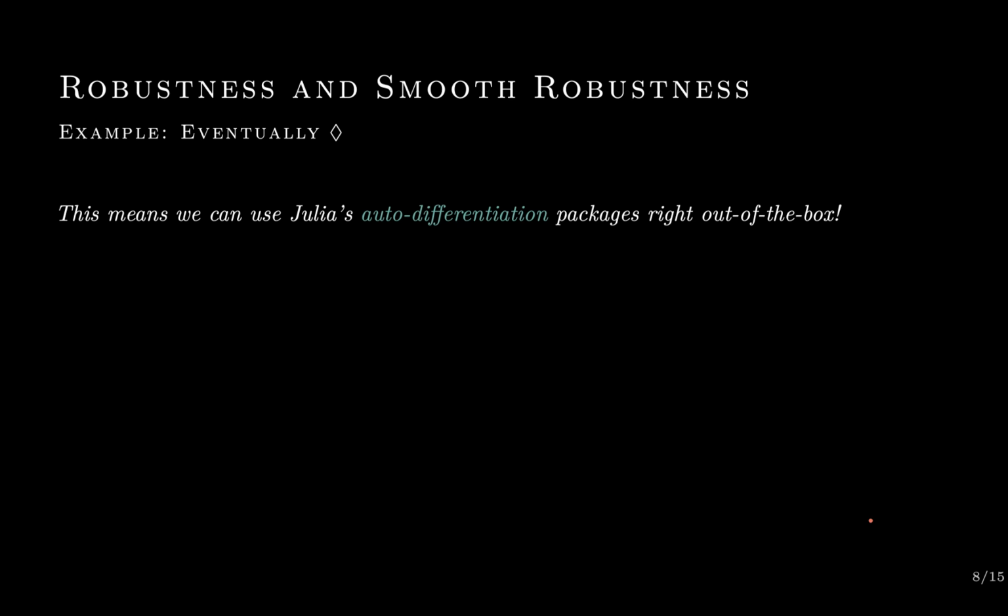So to give you an example, if you use some signal temporal logic, we also import, say, gradient from one of the differentiation packages in Julia. Here is ForwardDiff, which we provide to you in projects 1 and 2. We have that same signal, that same trajectory, and here's our formula.